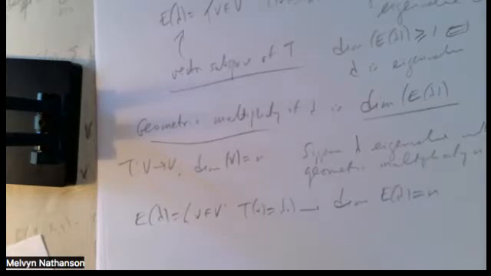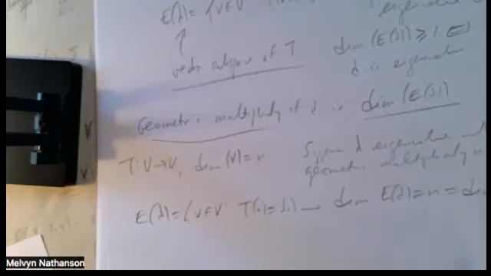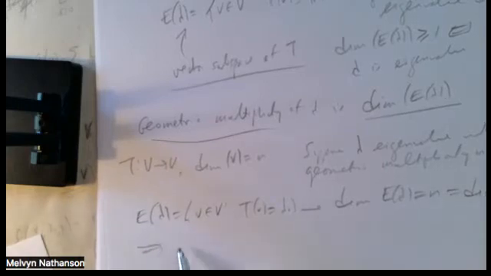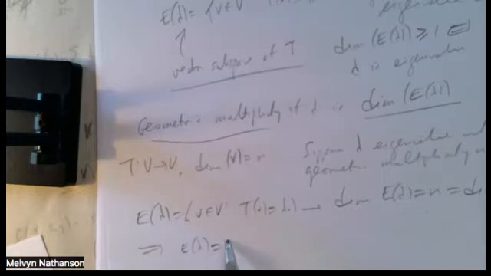Right? The geometric multiplicity is n, but that's also the dimension of the vector space. So you have a subspace of a vector space of the same dimension. That means E of lambda equals V, which means T of v is lambda v for all vectors in the vector space.